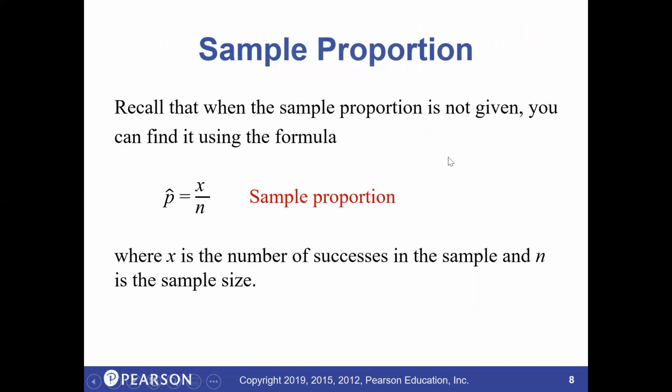Sample proportions. Here it is. Sometimes when you're given the information, the sample proportion is not given. They'll give you a whole bunch of numbers, but then the p-value is never given. So we can still get the p-value ourselves. We just have to figure out the number of people that were successful in what we're trying to do versus the number of people total.